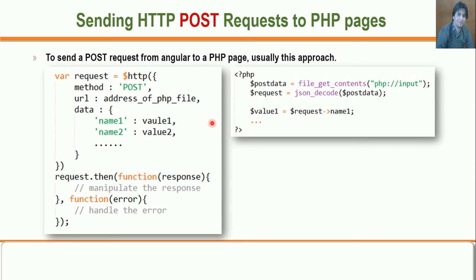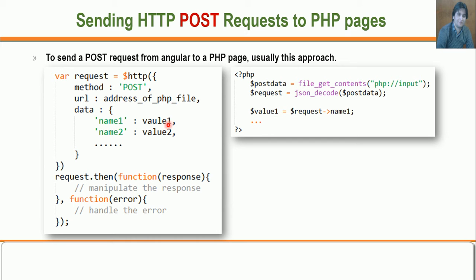Two important pieces of code are here. This one is the Angular code and this is the PHP code. This Angular code is used to create our request and send the request, and this PHP code is used to get or capture the request from AngularJS.